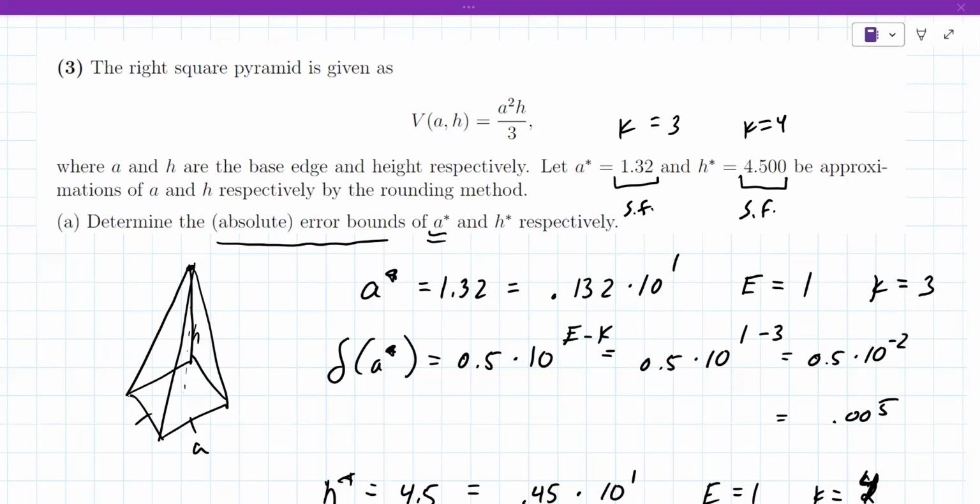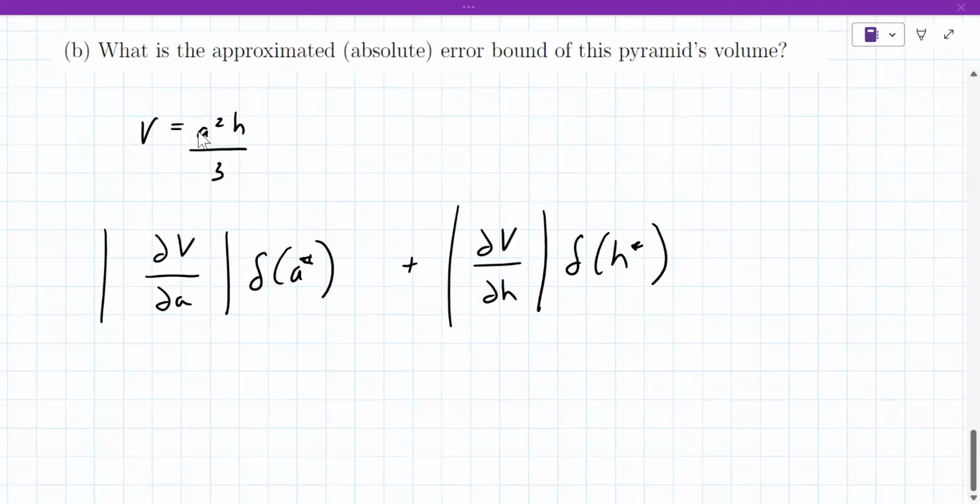Okay, so we have to be able to take a derivative, and that's where I'm really worried for you. I know that's not a strength of yours, but the derivative with respect to A, the derivative of A squared is 2A. So this is 2A H over 3, but then you have to evaluate it at A equals A star and H equals H star.